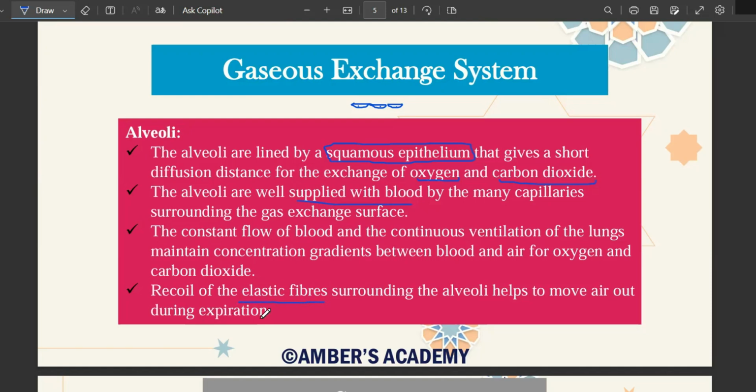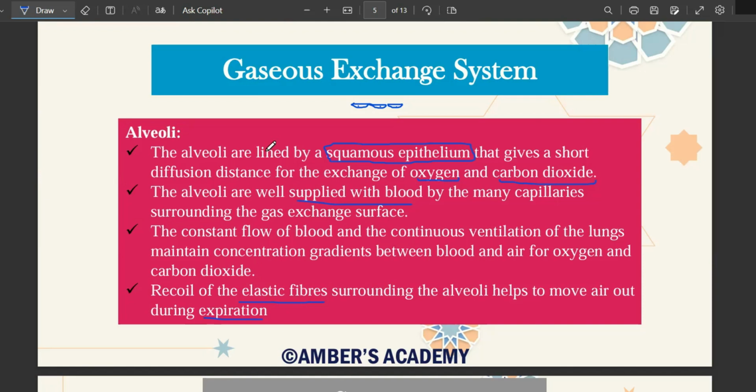out during expiration. So a question that might come for alveoli could be: how are alveoli adapted to contribute to the gaseous exchange system? These are the factors which make it adaptive for a perfectly organized gaseous exchange system.